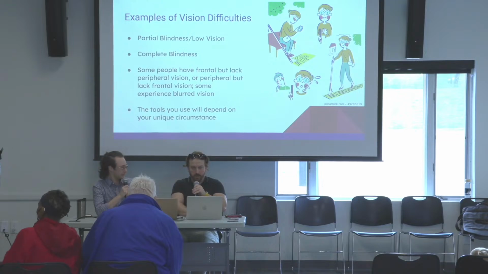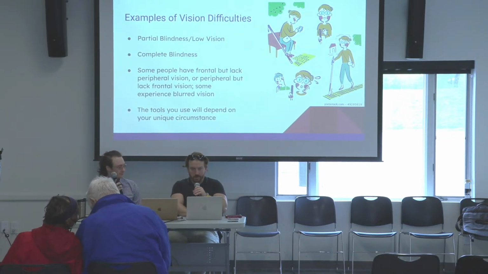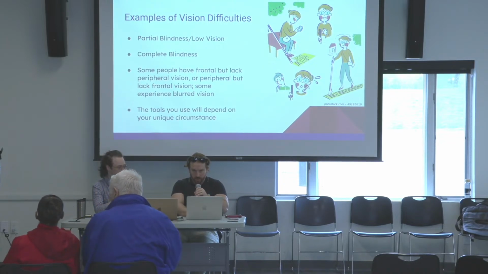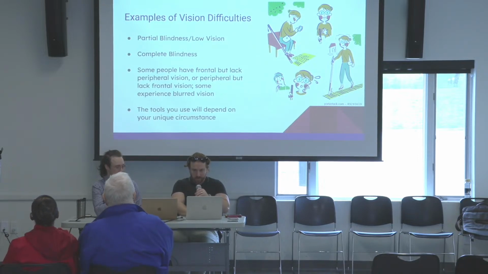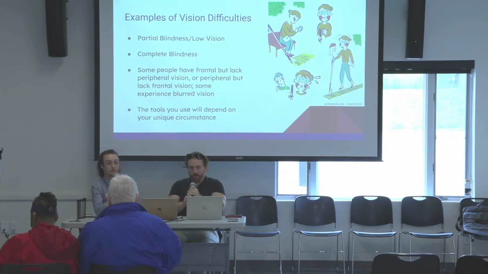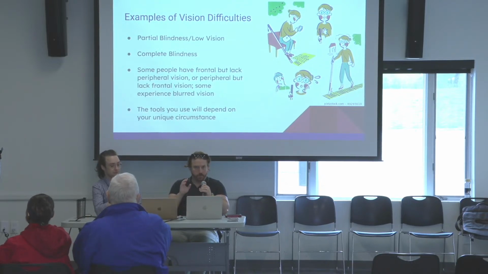Mark, if you want to continue on with talking about visual impairments. For sure, definitely. Thank you, Elliot. There are different types of vision impairments, including low vision and complete blindness. Some people have partial vision. With macular degeneration, they have a blind spot in the center, or people with retinitis pigmentosa, like myself, have more tunnel-like vision, so you can't see as much on the peripheral sides.